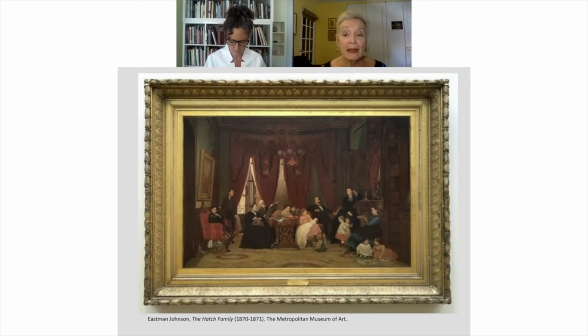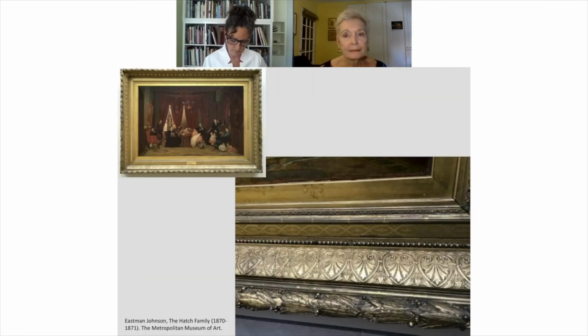And in this painting, the stylized ornament actually resonates with the pattern on the carpet, the carving of the table, and even the valances across the top of the curtains.